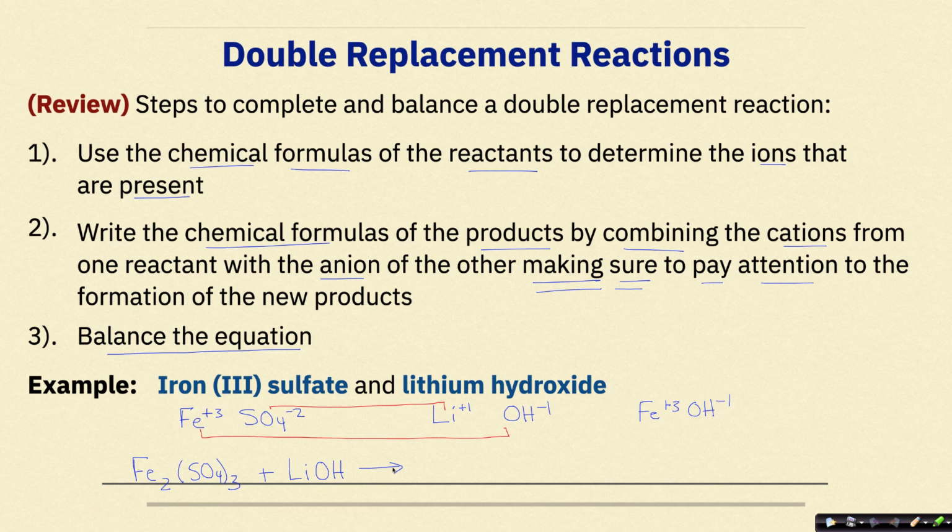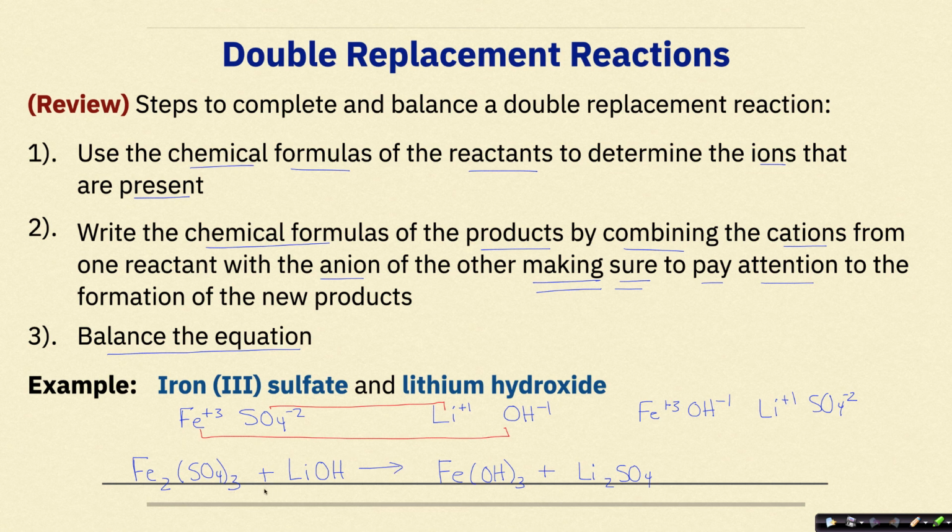So when I cross these down, one of my products is going to be Fe(OH)3. And then I'm going to have Li plus 1 going with the SO4 minus 2, and I'm going to cross those two down. So then I'm going to have Li2SO4. Fantastic. Finally, I just need to balance the equation.